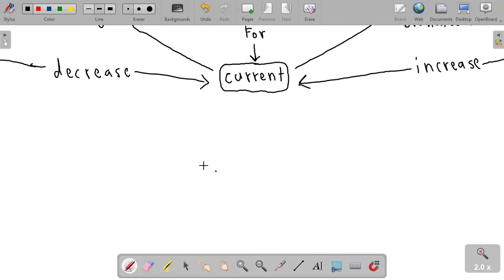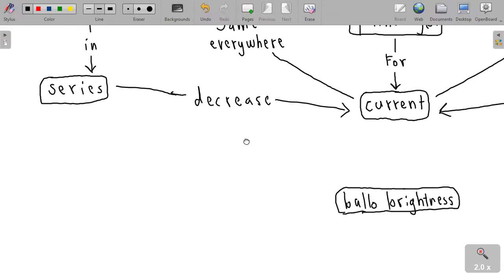There is something that happens to the bulb brightness. So now, let's begin on the series side. What happens?